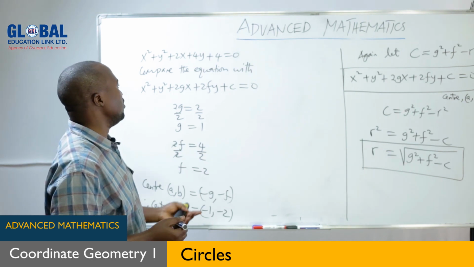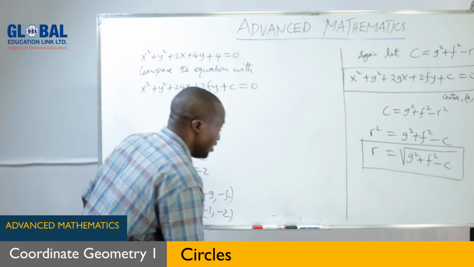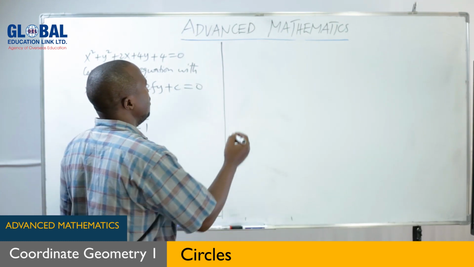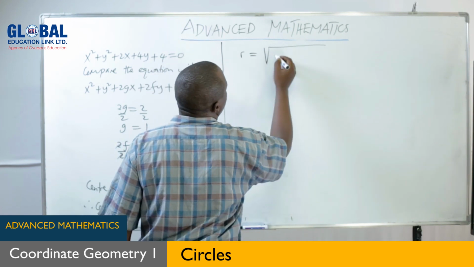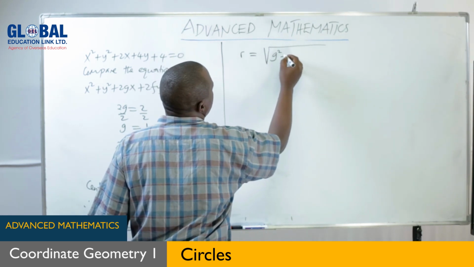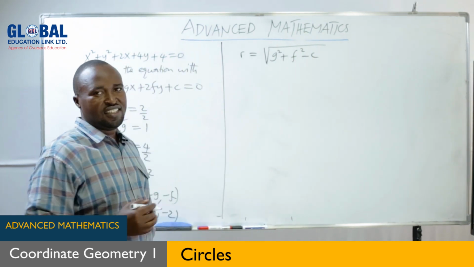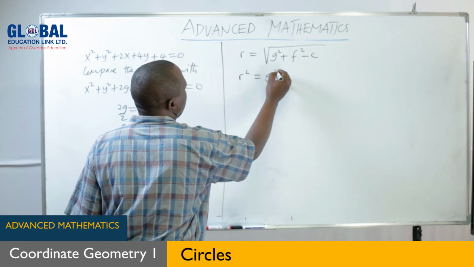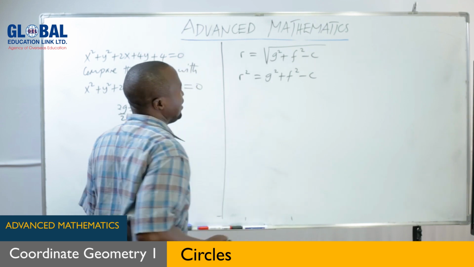So again, it is possible to find c. Remember, r is equal to the square root of g squared plus f squared minus c. So in this case, r squared is equal to g squared plus f squared minus c.